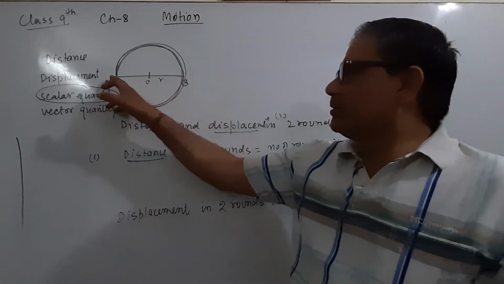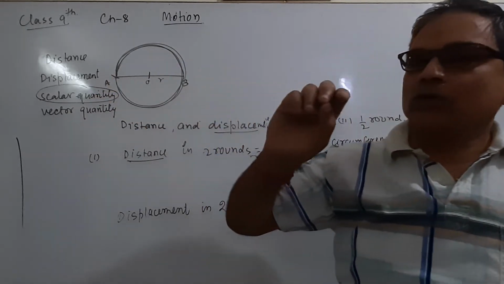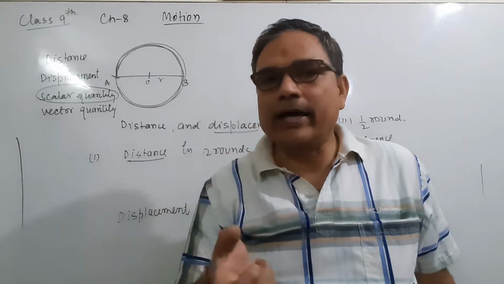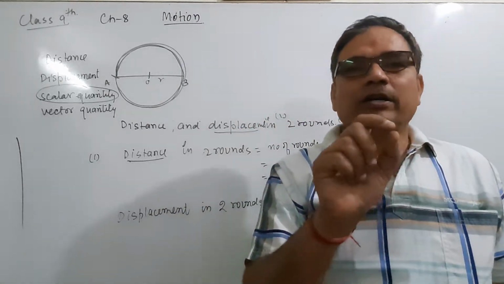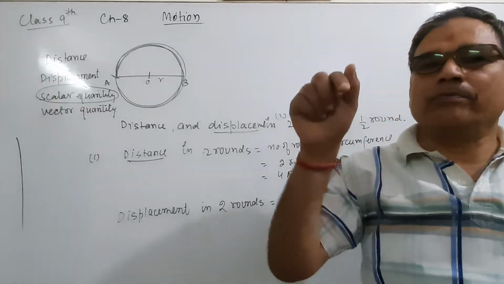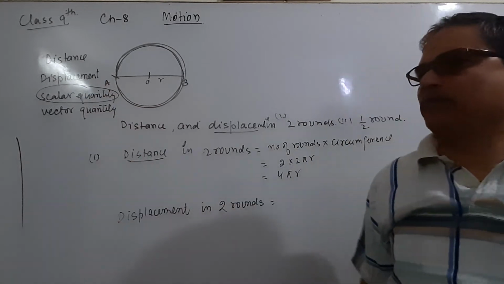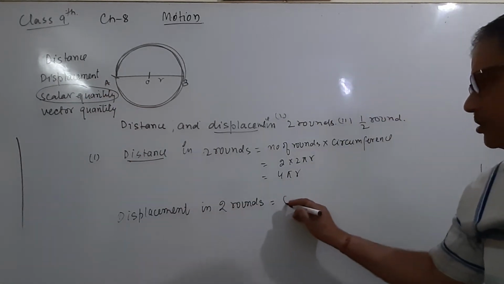They meet, meaning there is no distance between the 2 points, and both points are A. Initial and final points coincide; they meet at the same point, which is known as A. Therefore, the displacement in 2 rounds is equal to 0.